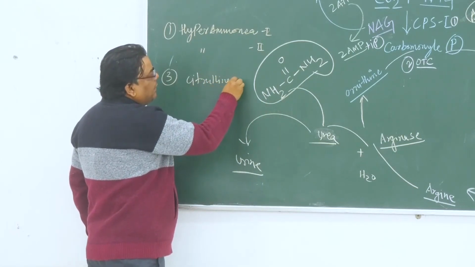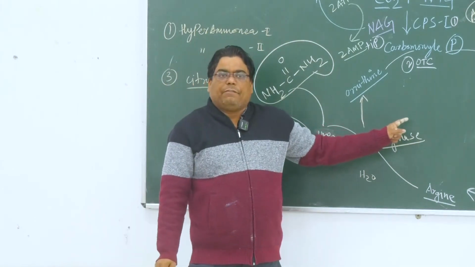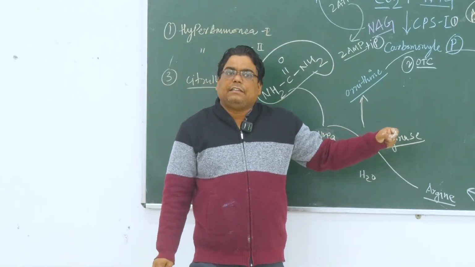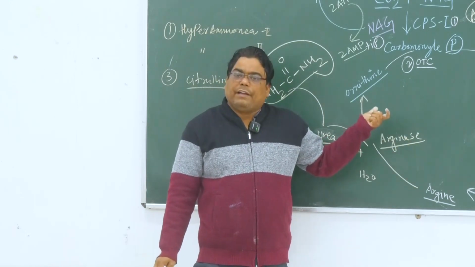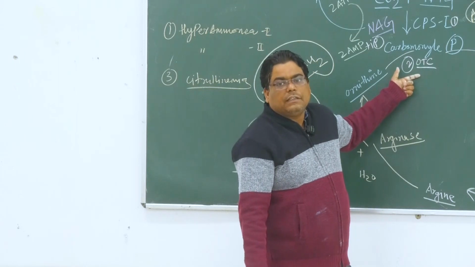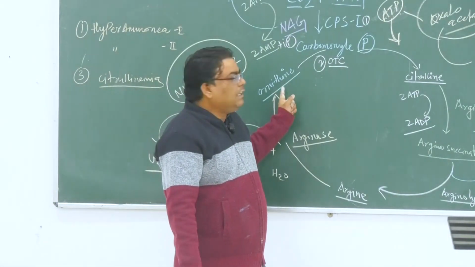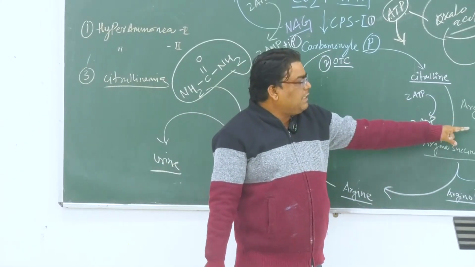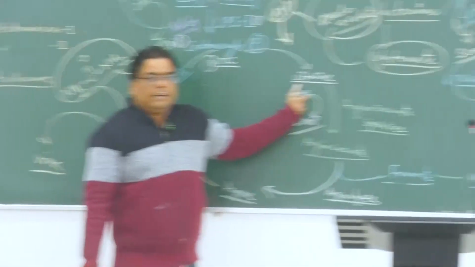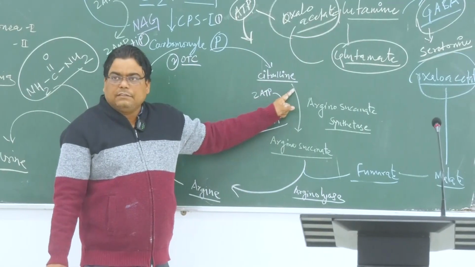It is very easy to understand. You will write with the substrate. There are 5 enzymes. If an enzyme is deficient, then the substrate accumulates. Like that, if OTC is not working, which one accumulates? Ornithine. If argininosuccinate synthetase is not there, which one accumulates? Citrulline.